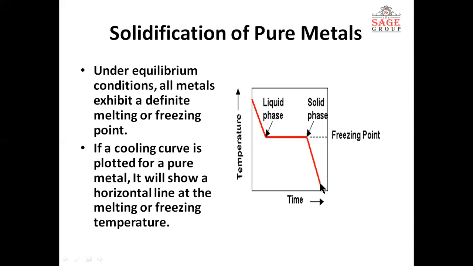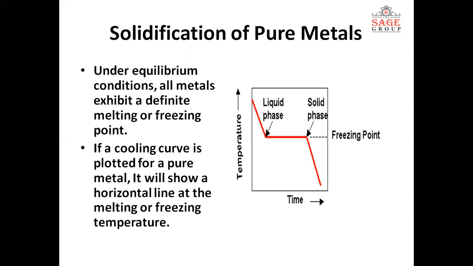You can see that when the material is in a liquid phase, the temperature drops with time elapse, and at a point it stops and changes its course. It moves in a straight line. Here you can see that the temperature is constant, it does not change.